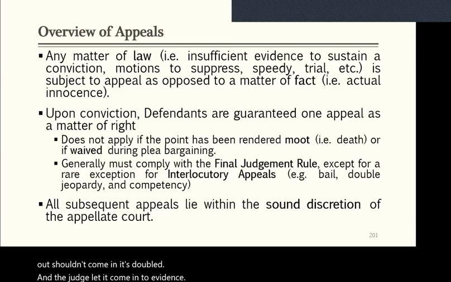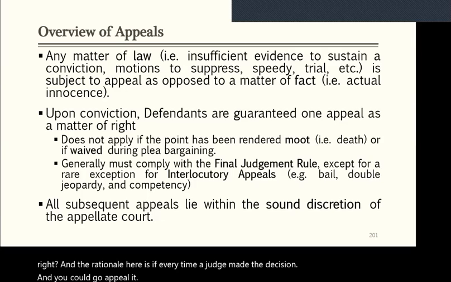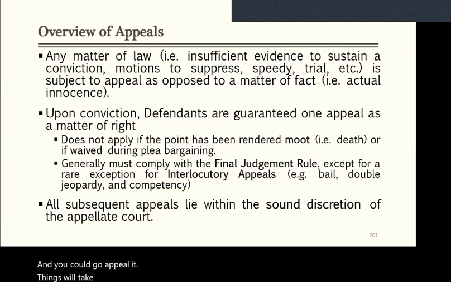You have to wait until you are convicted in order to appeal that decision, right? And the rationale here is if every time a judge made a decision you could go appeal it, things would take even longer than they do.